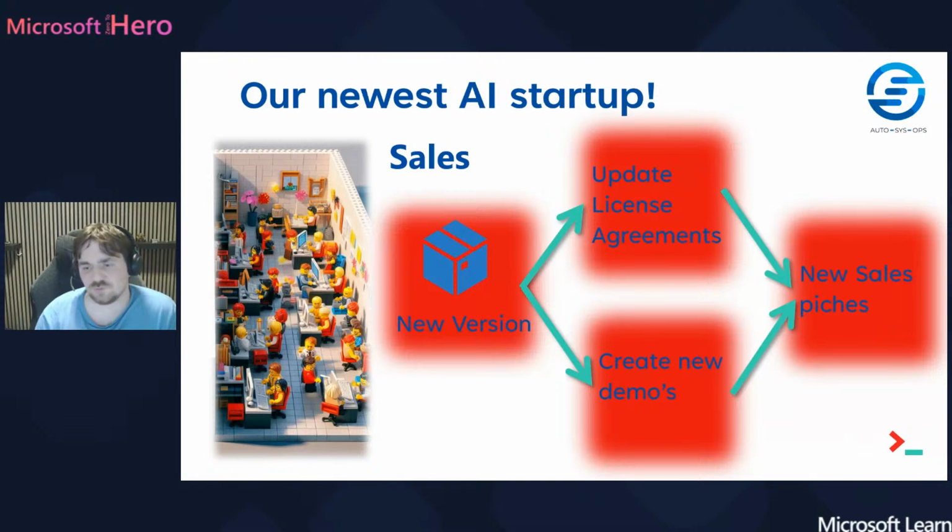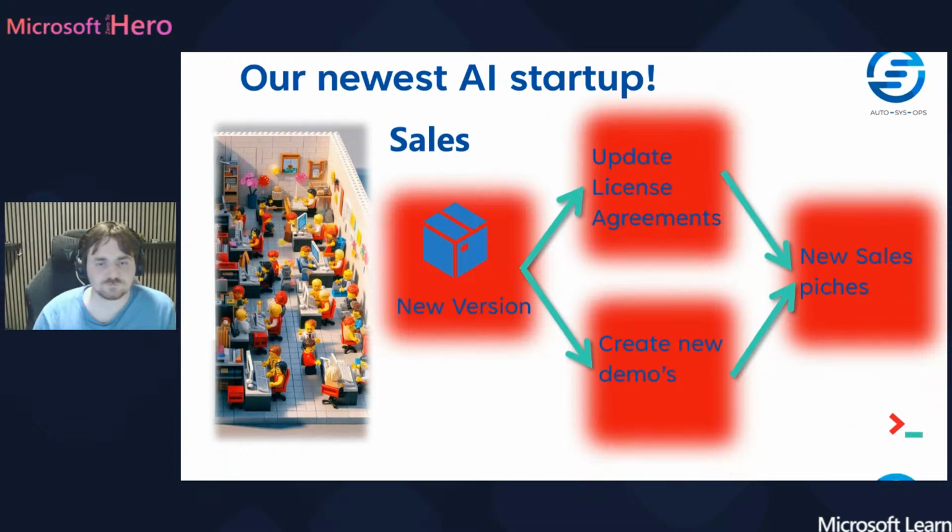So maybe these new features have to be added to certain licenses or new licenses need to be created. Also, if I want to really sell this well to my clients, I probably have to create some new demos. And in the end, we have to create new sales pitches. So the sales team, they have some work to do once this new version is created. This is why they're here. This is what they do.